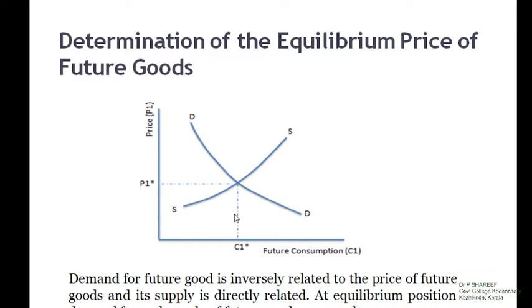Thus, these two curves intersect at the point which shows the equilibrium position, and the equilibrium price is P1 star and equilibrium quantity is C1 star.